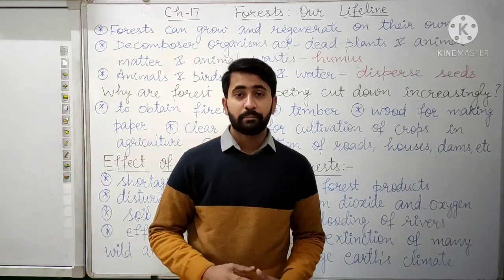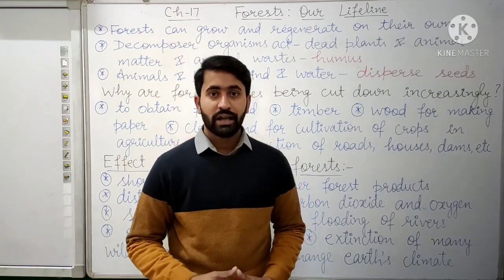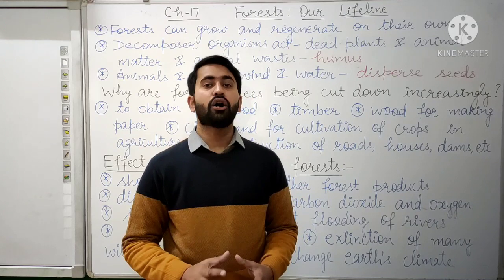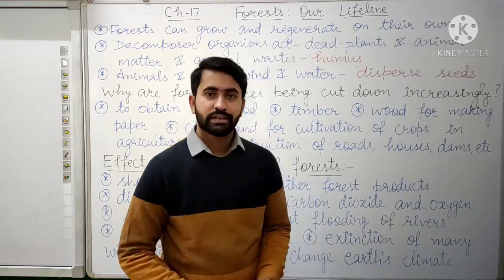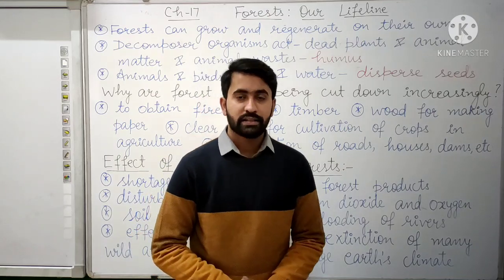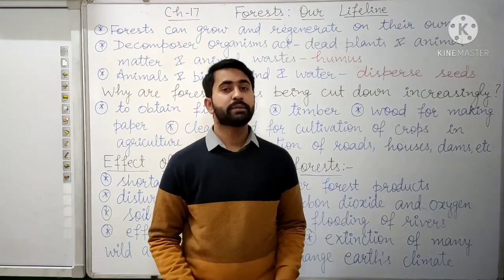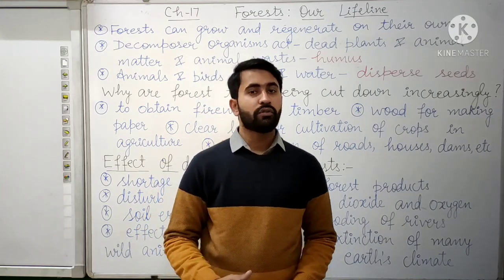The trees and plants in the forest can grow on their own and can regenerate or reproduce the forest. The dead parts of the trees and plants, the dead animals and the animal waste keep collecting on the forest floor.